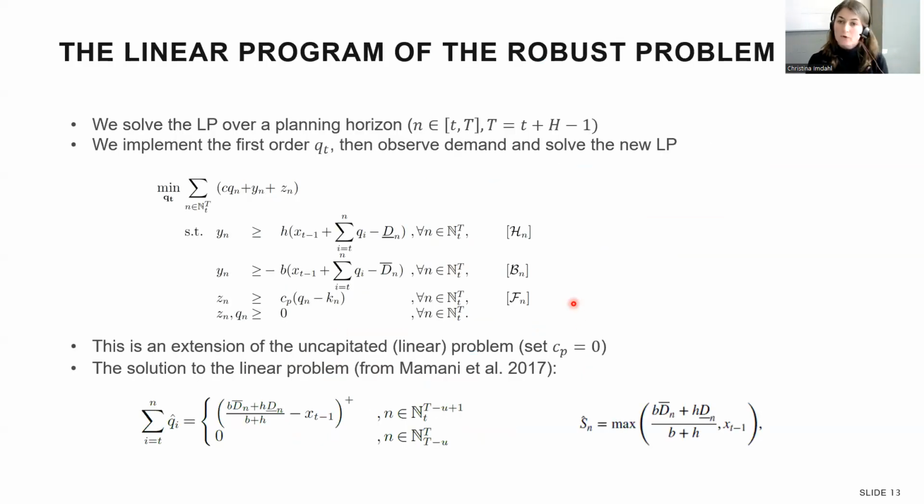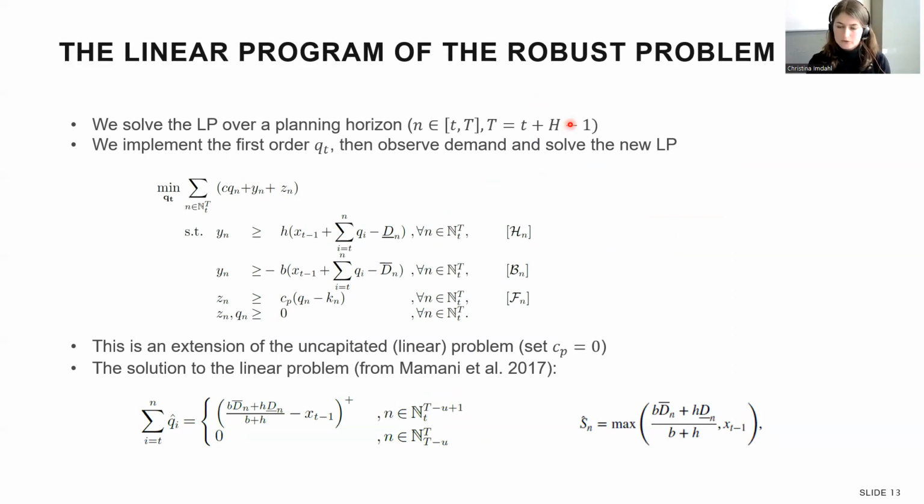So now we formulate the robust optimization problem for our problem. First, we also employ the rolling horizon formulation that Sanang Famigam employed. So we solve the linear program over a planning horizon, that is capital H. So we look at a horizon from t to t plus H minus 1.